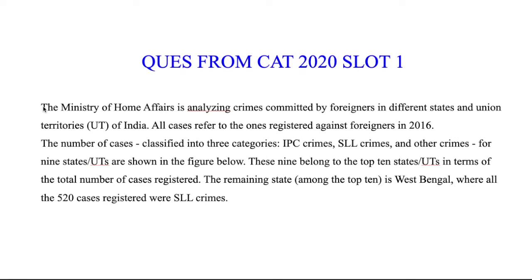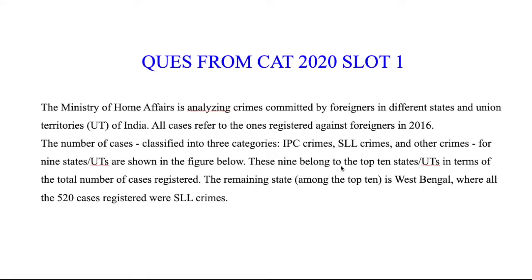So coming to the question, the Ministry of Home Affairs is analyzing crimes committed by foreigners in different states and union territories of India. All cases refer to the ones registered against foreigners in 2016. The number of cases classified into three categories: IPC crimes, SLL crimes, and other crimes for 9 states or union territories are shown in the figure below.